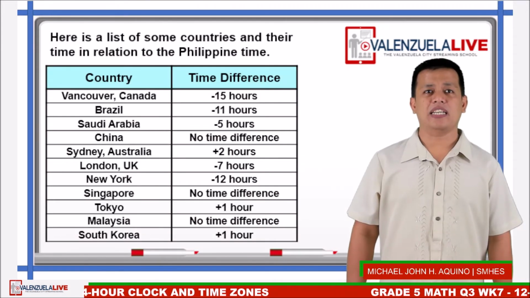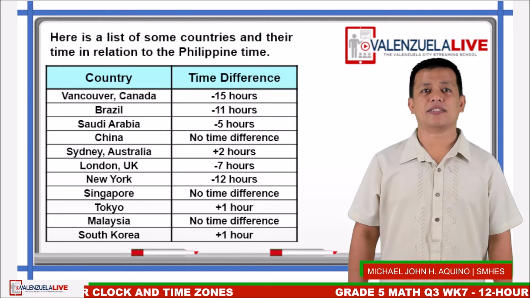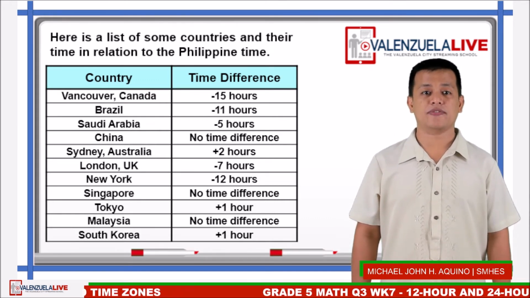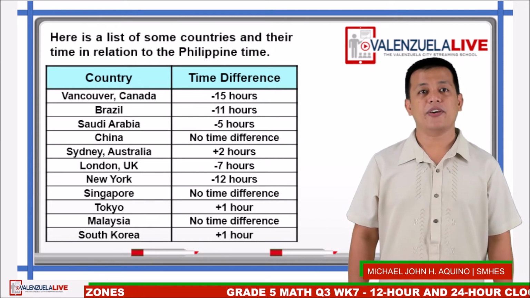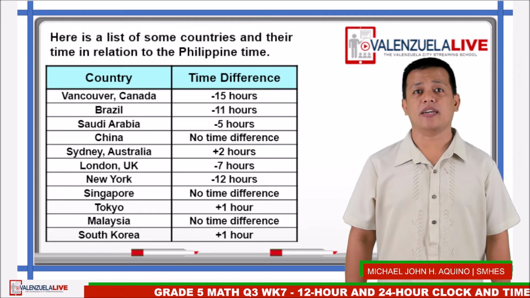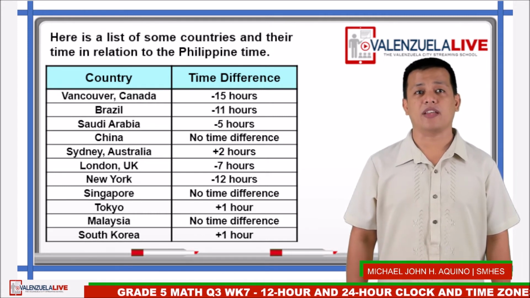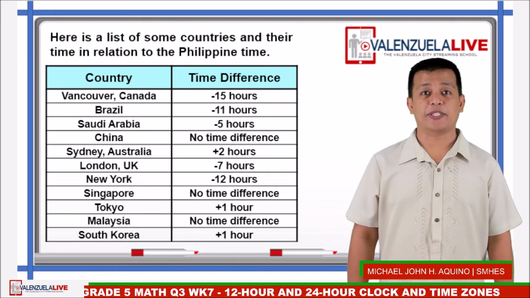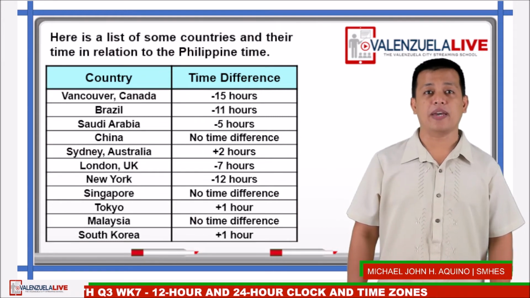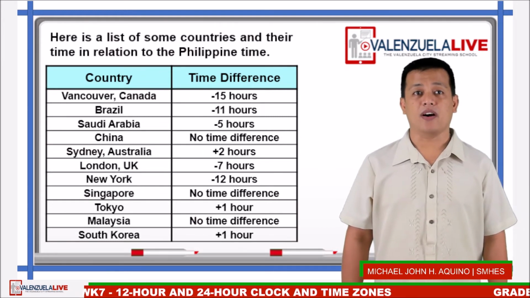Here is a list of some countries and their time in relation to the Philippines. We have here Vancouver, Canada. The time difference is negative 15 hours. Brazil, negative 11 hours. Saudi Arabia, negative 5 hours.